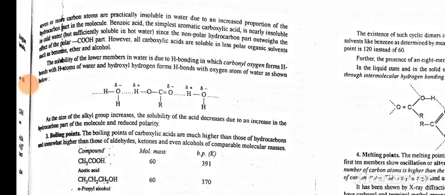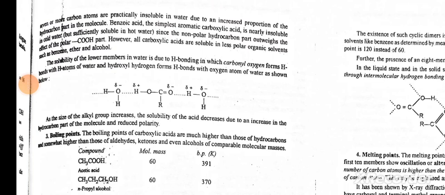Benzoic acid, the simplest aromatic carboxylic acid, is nearly insoluble in cold water but sufficiently soluble in hot water. Since the non-polar hydrocarbon part overweighs the effect of the polar COOH part, all carboxylic acids are soluble in less polar organic solvents such as benzene, ether, and alcohol.